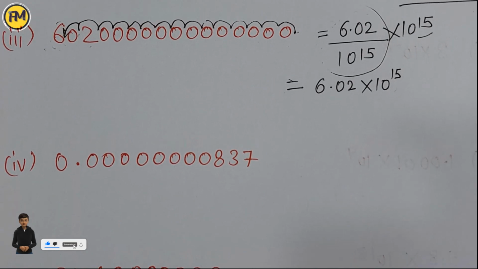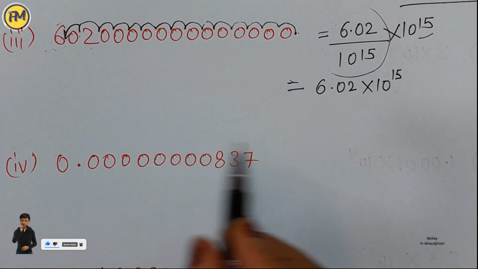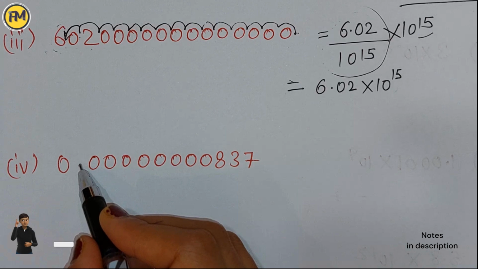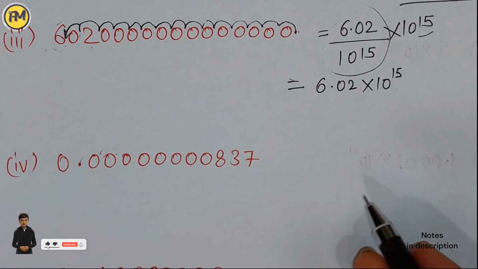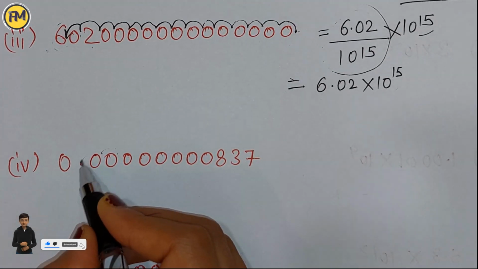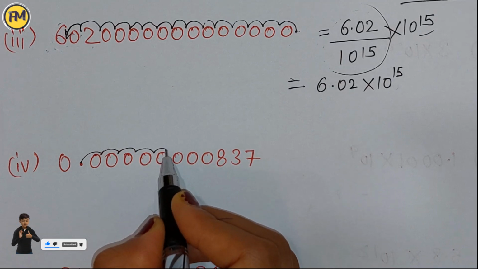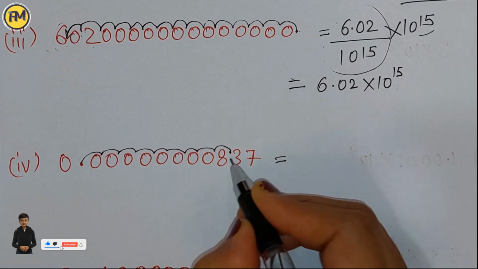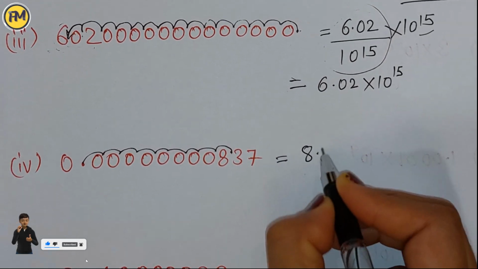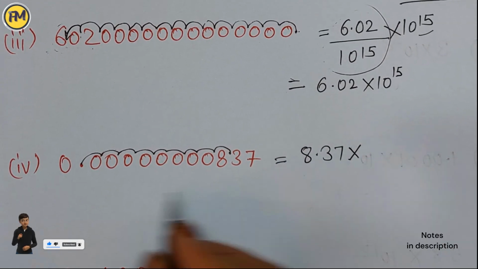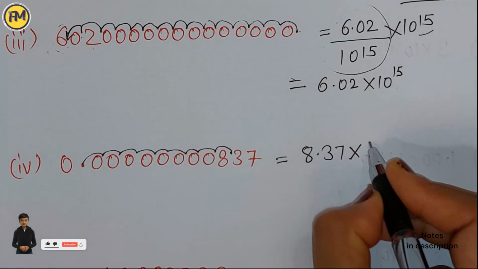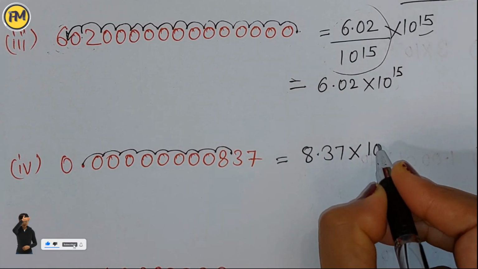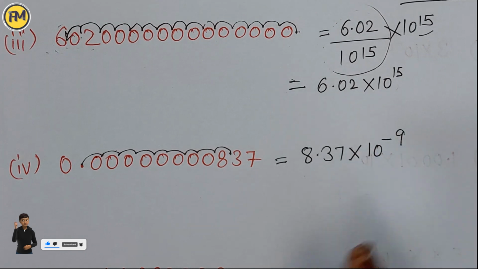Now the next part, here again we have to move to the right side. So count the steps: 1, 2, 3, 4, 5, 6, 7, 8, 9. Okay, we will stop here. 9 steps, so 8.37 into, and if you are moving to the right side, then the power will become negative, 10 raised to the power minus 9.